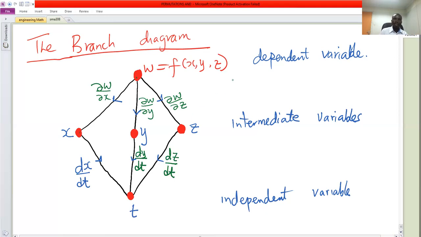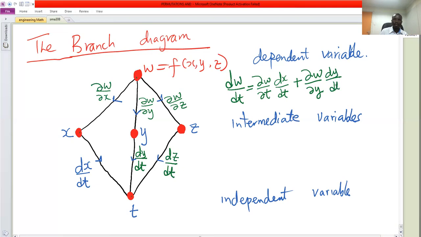So that now to get the dw dt, this branch will give you partial w partial x. You multiply up to the point you reach t, so dx dt, plus this branch, partial w partial y, and then you multiply by dy dt. And finally, this branch, partial w partial z, dz dt. So this is the formula.